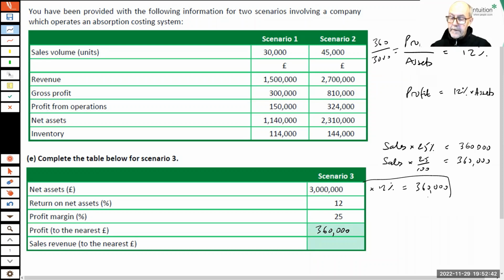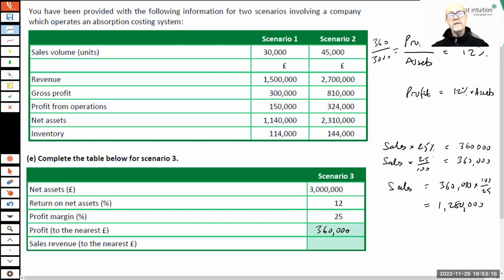That is to say, if we flip that over, sales equals 360,000 times 100 over 25, which is 4. And 360 times 4 is 1.28 million.